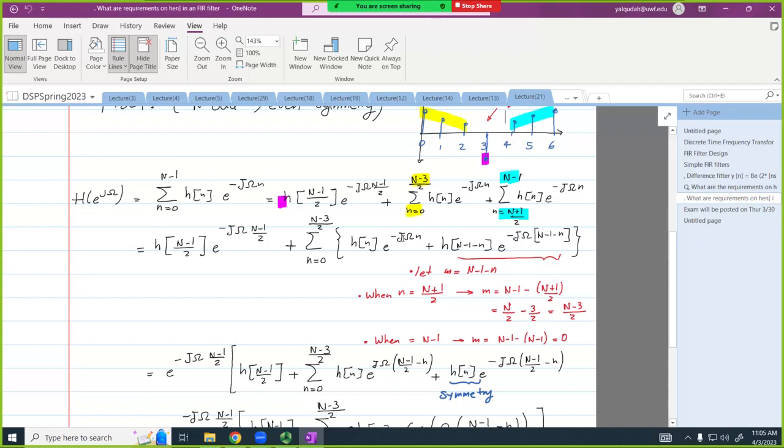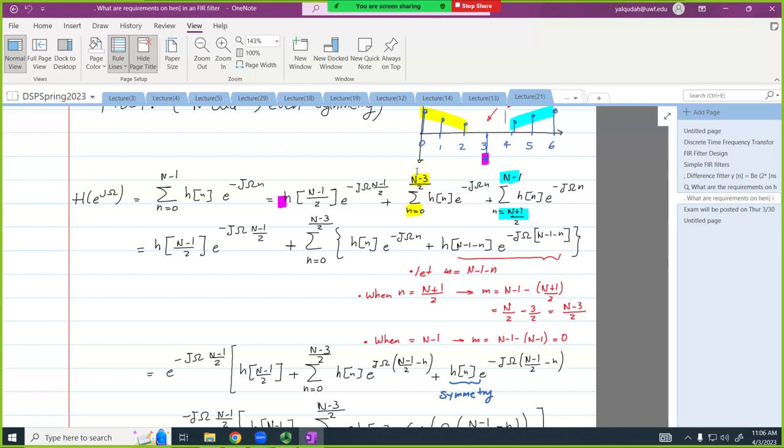And then we took the summation that is in blue, and we said we're going to replace N minus 1 minus n with m. So if I come here, we're going to replace N minus 1 minus n with m. And therefore, the summation is going to be from, when n is equal to (N plus 1) over 2, we're going to have m equal to (N minus 3) over 2.